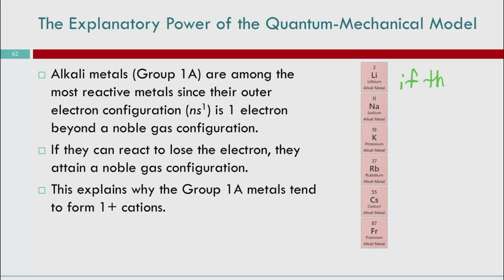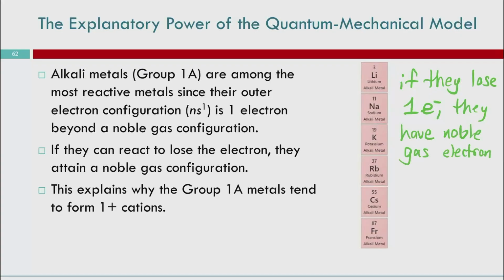If they lose 1 electron, they have noble gas electron configuration. And like we were talking about with our noble gases, they're very stable.